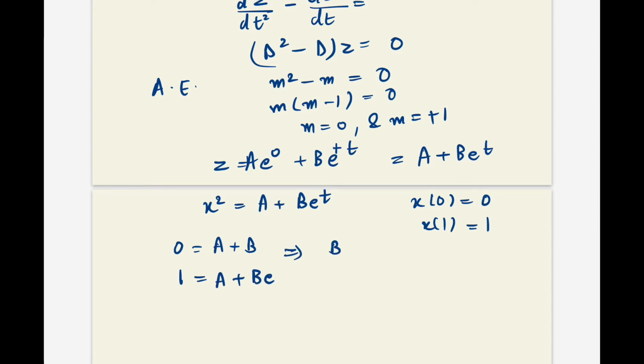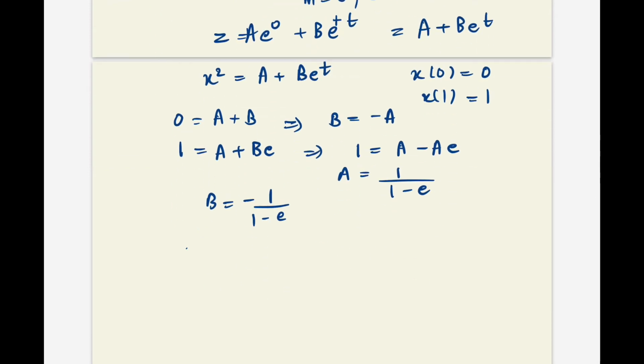From the first equation, b is equals to minus a, and here it becomes a minus ae. A is 1 upon 1 minus e, and b is minus of a, that is this. Now the solution changes to this form: x square equals 1 upon 1 minus e minus e to the power t upon 1 minus e.